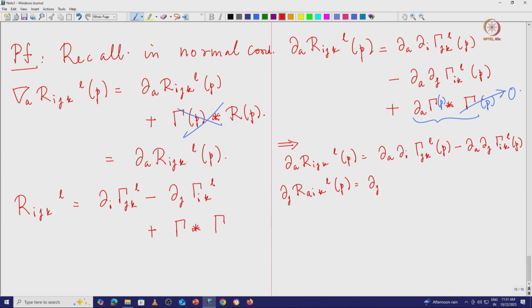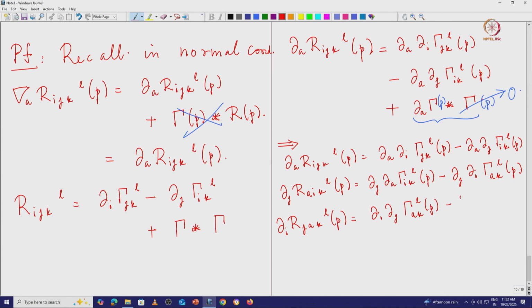So that is just going to be del_J del_A gamma_{IkL} at P minus del_J del_I gamma_{AkL} at P. Similarly, the final term that you want to look at is del_I R_{jAkL} at P. That will just be del_I del_J gamma_{AkL} at P minus del_I del_A gamma_{jkL} at P.